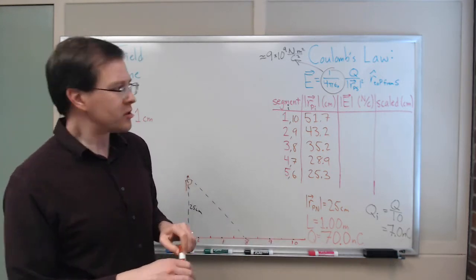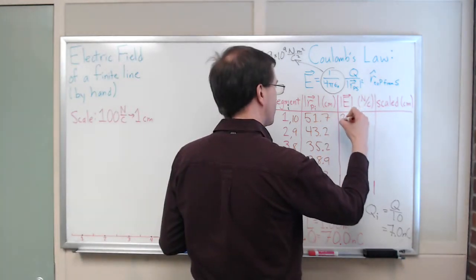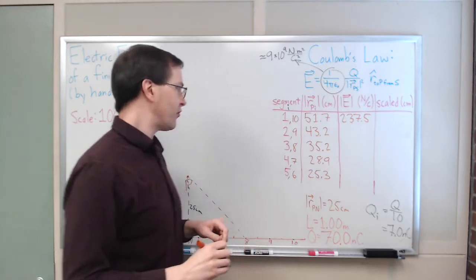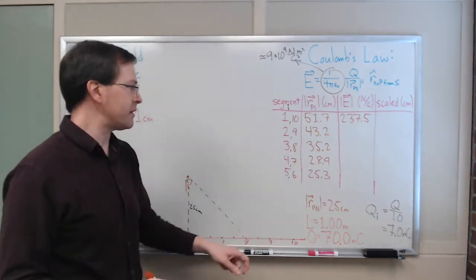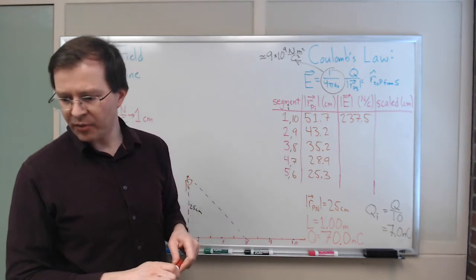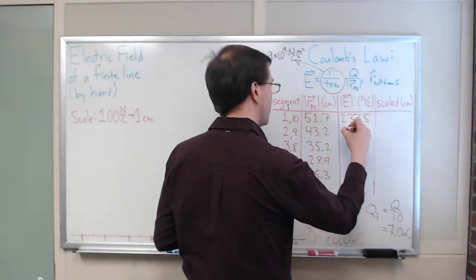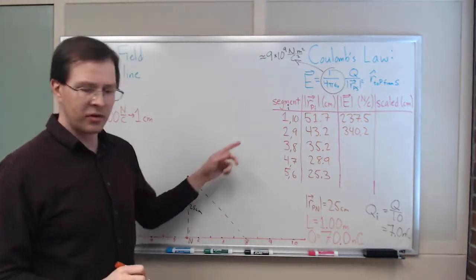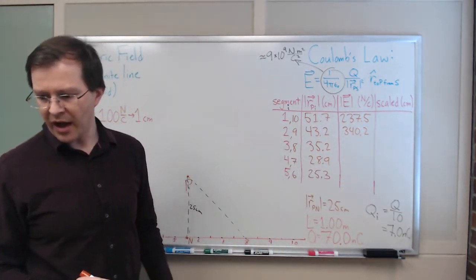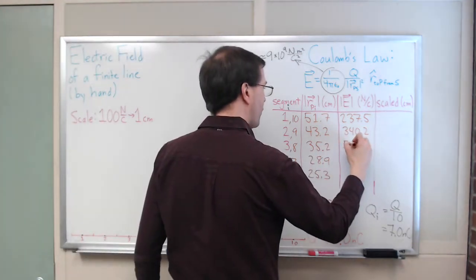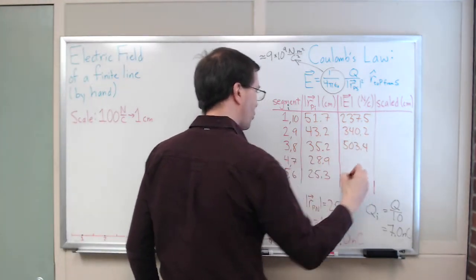I get 237.5 newtons per coulomb for segment 1 and for segment 10. For segment 2, I get 340.2 newtons per coulomb. For segment 3, I get 503.4 newtons per coulomb.